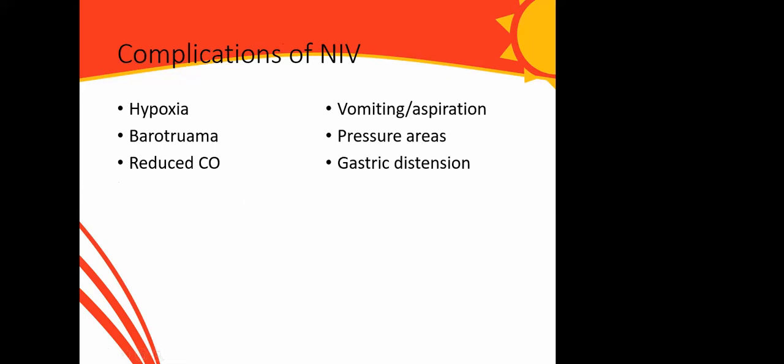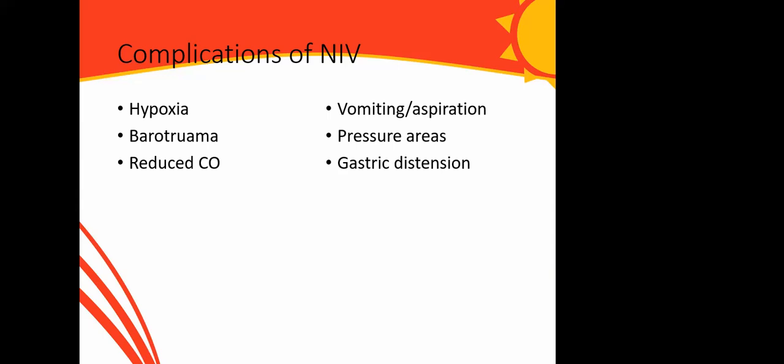All right, complications do arise from non-invasive ventilation, just like any other therapies. The patient can have hypoxia, barotrauma, especially if you are using CPAP and not BPAP, and reduced cardiac output. Sometimes the patient may vomit, and that may lead to aspiration because the airway is not protected.